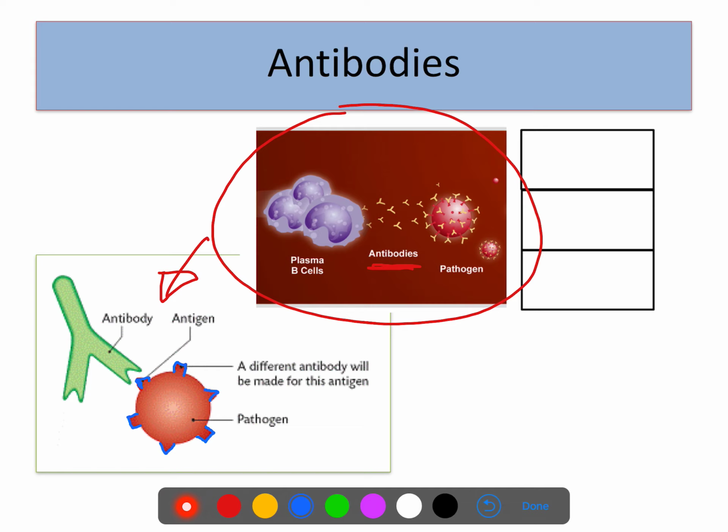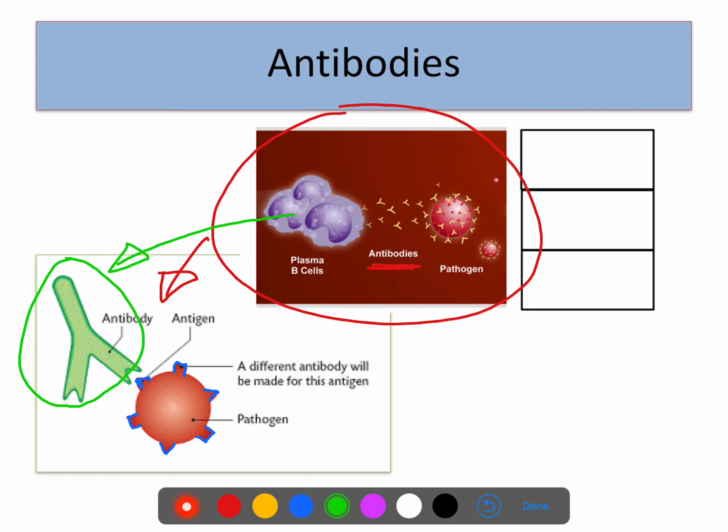And the antibodies, and that's this green one here, which are produced by that white blood cell there, they stick to the antigen on the pathogen. So they're specific. This is a specific response. They've got to be exactly the right shape to fit with the antigen on the pathogen. We're going to come back to these two keywords because they sound quite similar, don't they? But we're going to come back to this antibody and antigen later on.